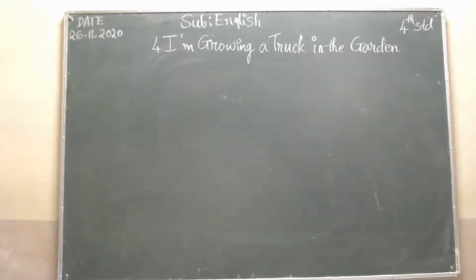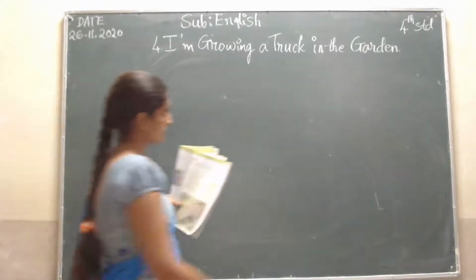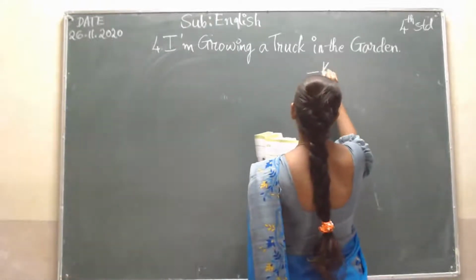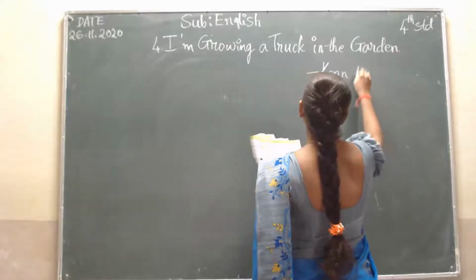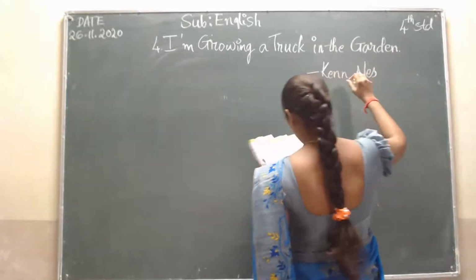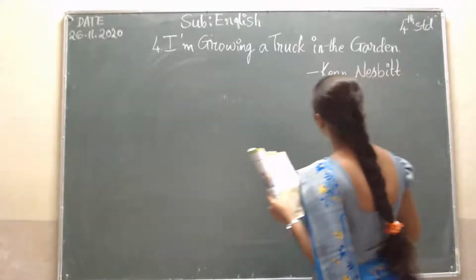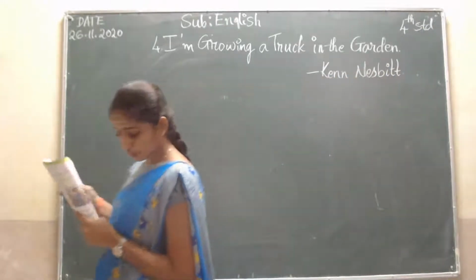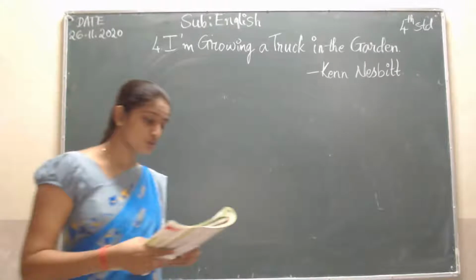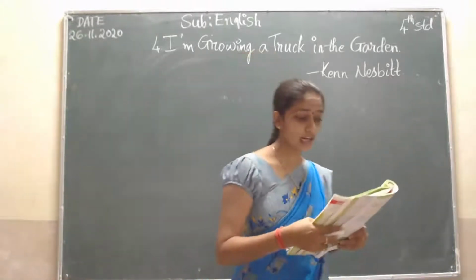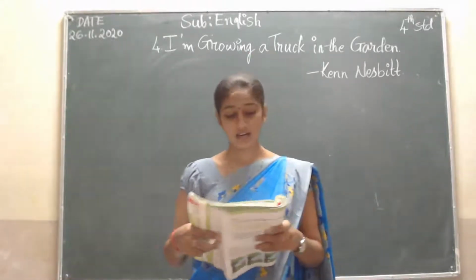So this is a poem written by Ken Nesbitt. This is the fourth poem from your syllabus. Do you like gardening or helping out your parents in their garden?